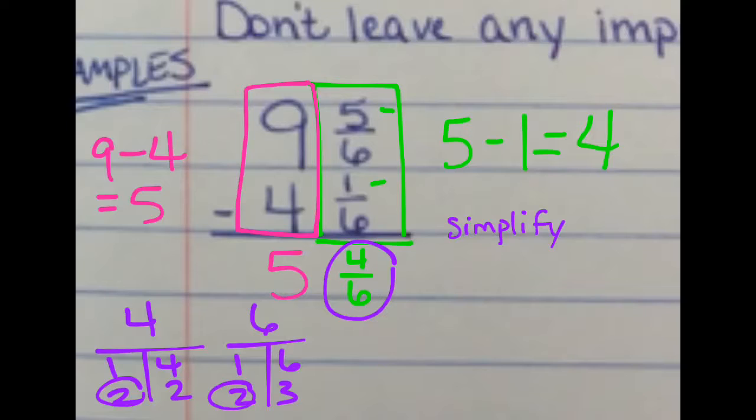Since 2 is a common factor, we can divide the numerator by 2 and the denominator by 2. 4 divided by 2 gives you 2. 6 divided by 2 gives you 3. So we can simplify that fraction to 2/3 so that our final answer is 5 and 2/3.